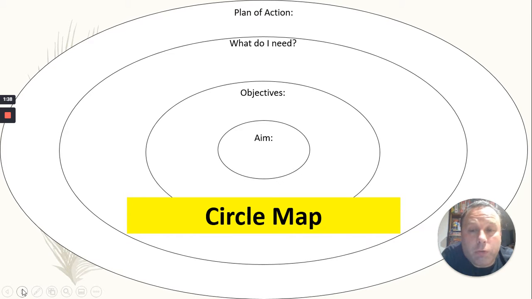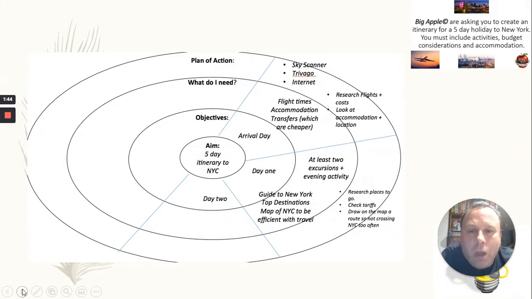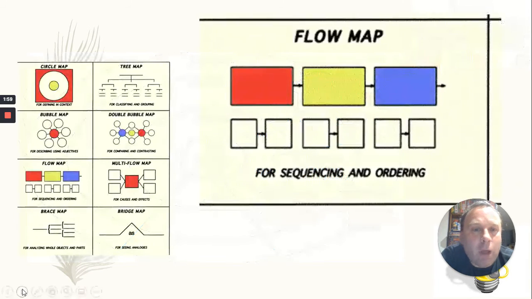So this could also be used just for general planning out your revision, not just looking at a specific problem. But for this one, we've got first thing, the arrival day, what we need to know, times and all that sort of thing, and where they're going to go, the plan of action to get all that stuff. So that's one way of using this kind of map.